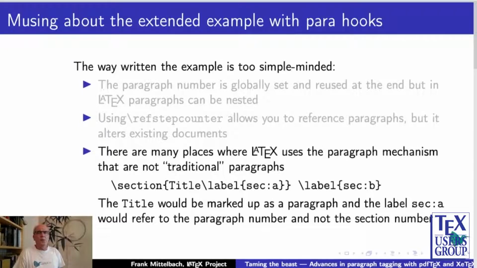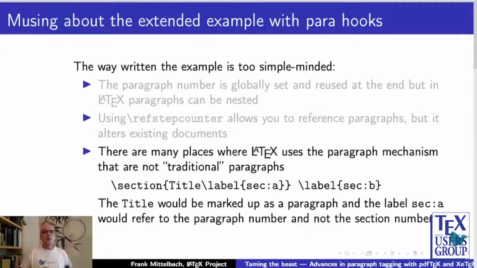But the more important problem we have here, the way it is implemented, is that in many places TeX uses the paragraph mechanism when it doesn't really produce paragraphs. For example, a section is something you wouldn't think of its title being a paragraph in itself. However, for TeX, this is precisely what it is.